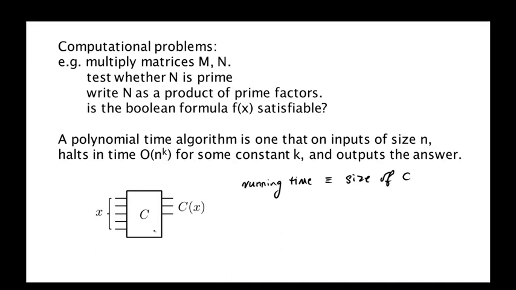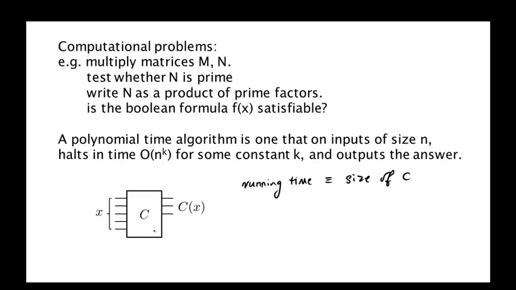There's also some sort of uniformity condition which says that the circuit C sub n can be efficiently computed given n as input, but we won't get into the details of these definitions.